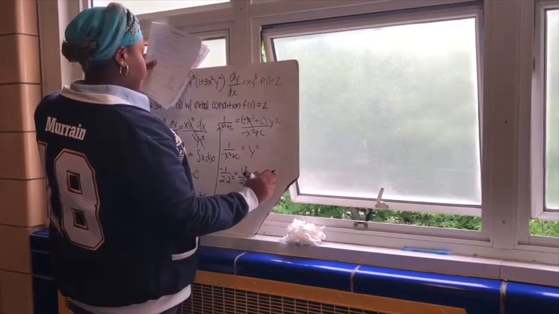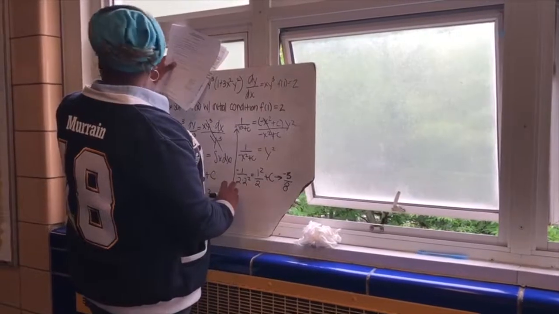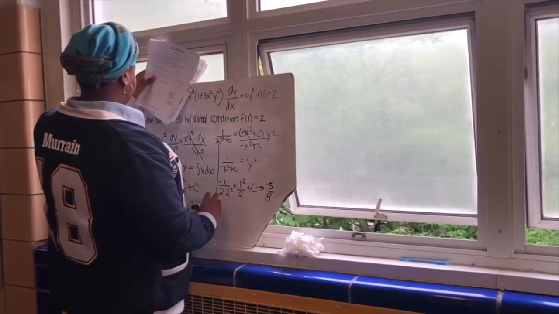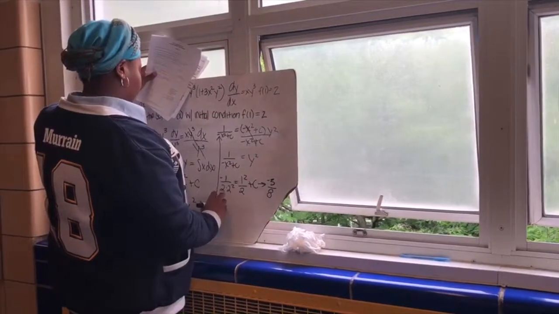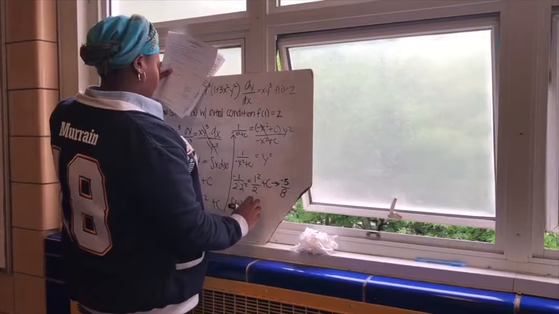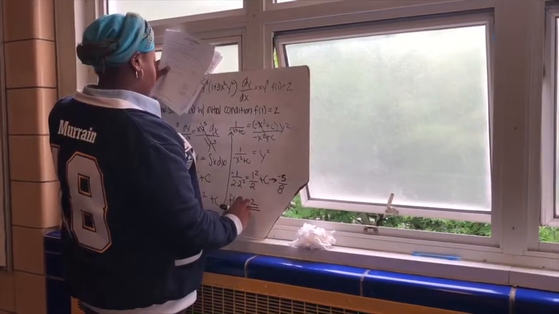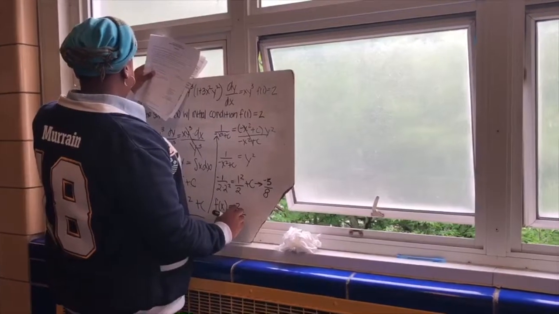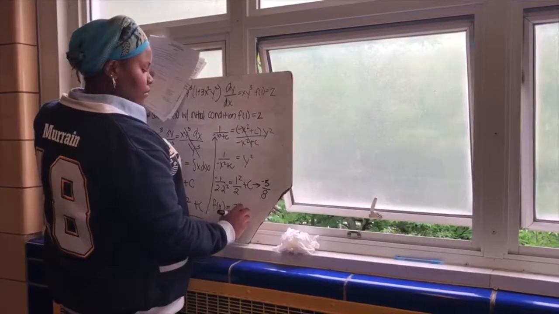I'm plugging it in to find C, which is something that we're looking for in order to get the final equation. Once you do that, that is your C, which is negative 5 over 8. And your final answer will be f of x equals 2 divided by the radical 5 minus 4x squared.